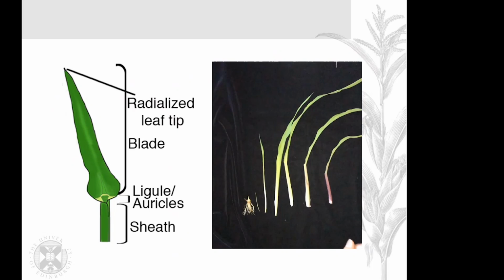And then the angle of the blade is controlled by the formation of specialized organs called the ligule and auricle at this boundary region. If you don't have them, you have very upright leaves, and the plants aren't very good at producing grain, for example. So this angle is really important. And so this structure is responsible for potentially a part of the success of the grasses.